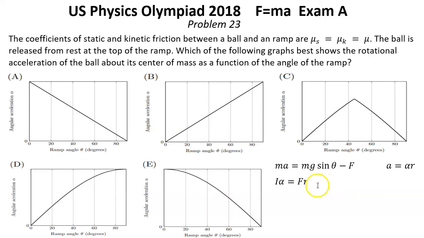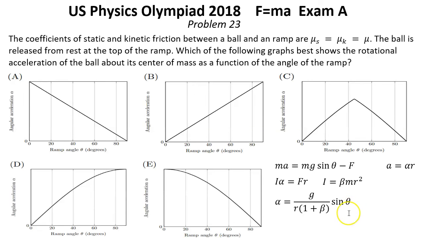And from here, if we use a formula for moment of inertia, which in common case equal beta mr square, we have angular acceleration equal this expression.